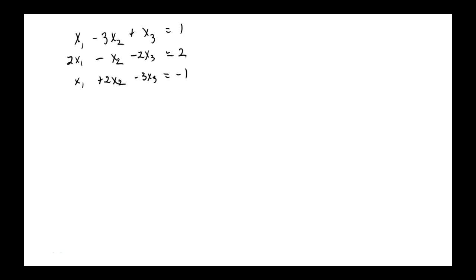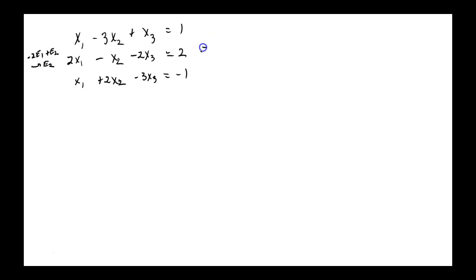Leading one. We got it already. Didn't have to do a thing. Then what do we want next? That to be a 0. Now, how do we make that become a 0? We take minus 2 times equation 1 plus equation 2 and make that the new equation 2.